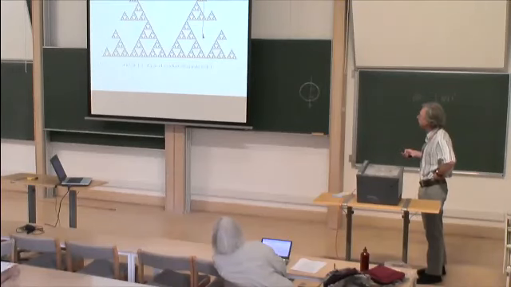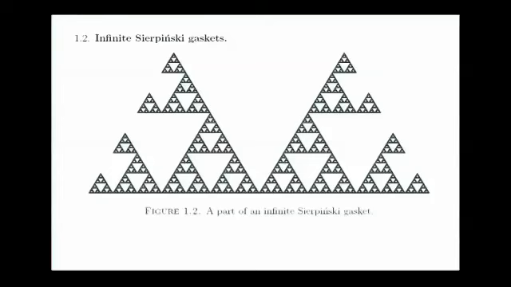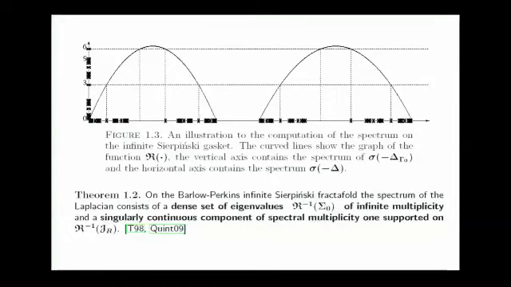One of the examples is the so-called infinite Sierpinski gasket. It was first considered by Barlow and Perkins. It's like a Sierpinski gasket on a small scale, but also a Sierpinski gasket on a large scale. In this case, there are two paths which are sort of glued together. And then the spectrum is quite complicated.